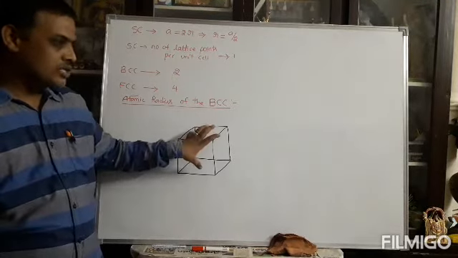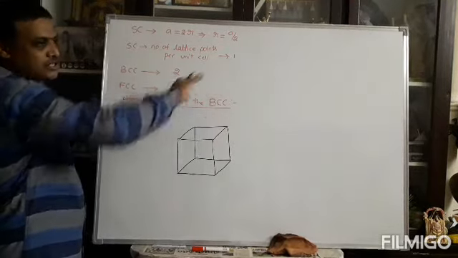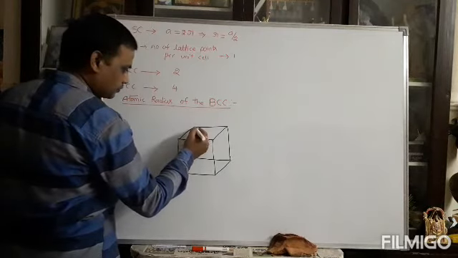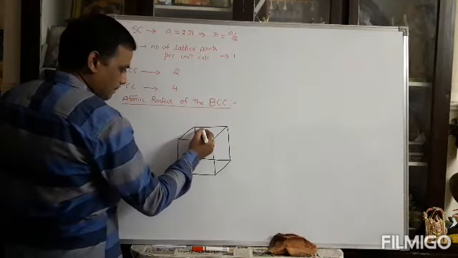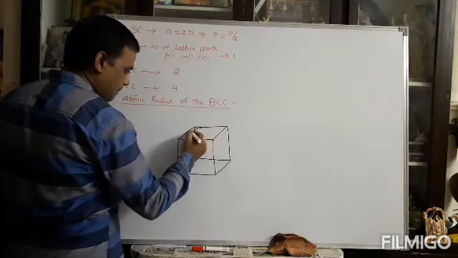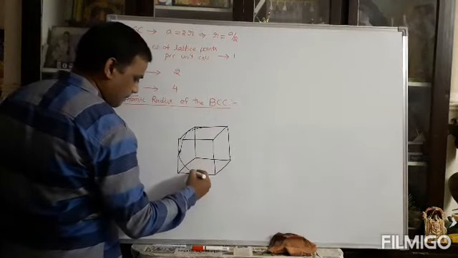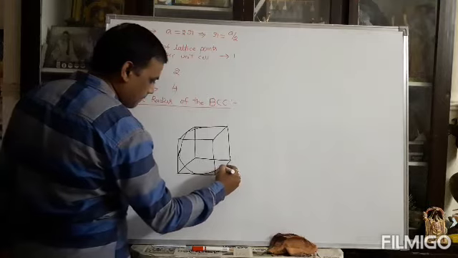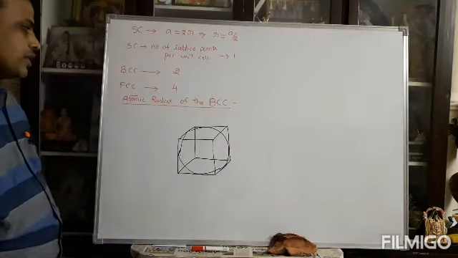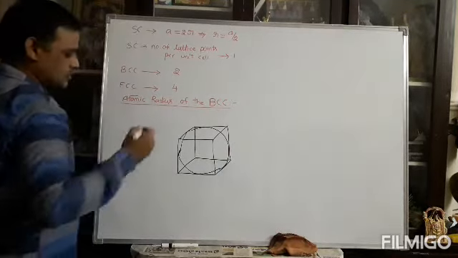The center of the body is occupied by one atom, and each and every corner touches that atom. Suppose I am showing like this, corner 1. I am drawing the body centered cube, and every corner is occupied by one lattice point.